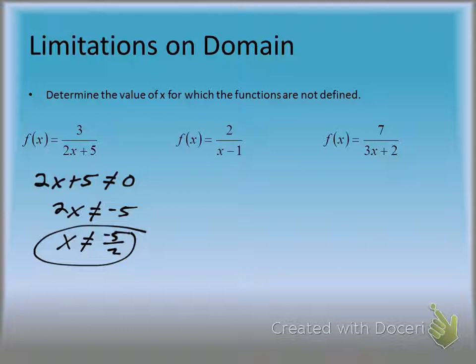Number 2, once again, if you can do this without showing work, for example, x can't equal 1, that's fine. Number 3, f of x equals 7 over 3x plus 2. Determine the value of x for which the function is not defined for the last one.